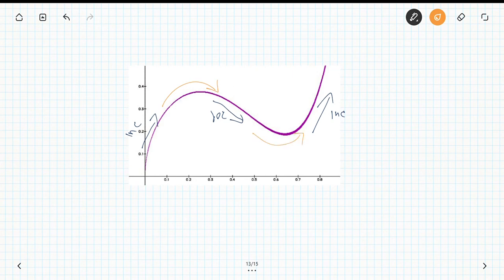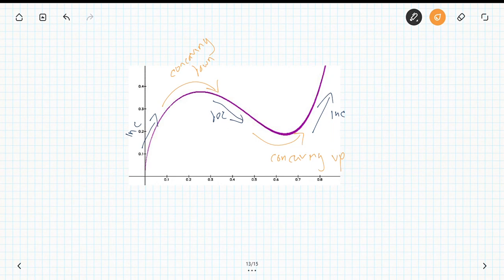Because in this region the function is concaving down, and in this other region the function is concaving up. And that means that if the function switches from concaving down to concaving up, there's going to be a special point in between where the double derivative is going to be 0.